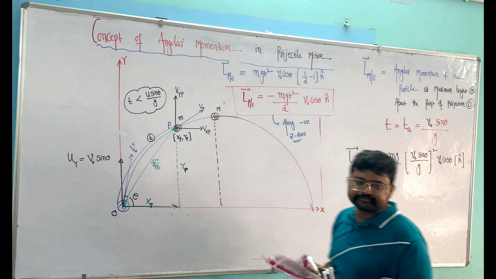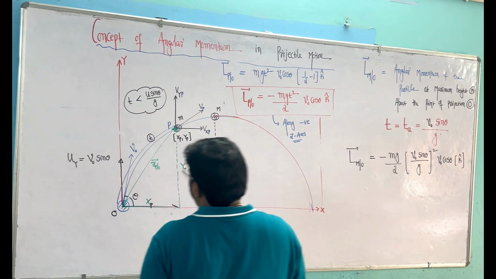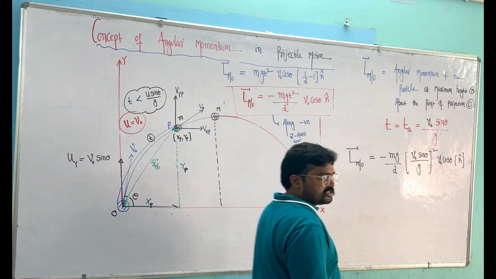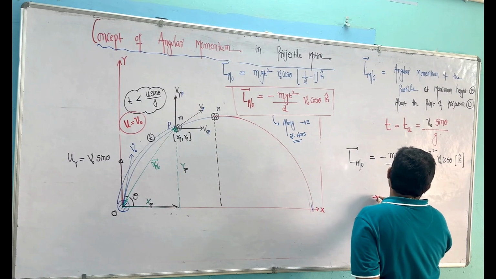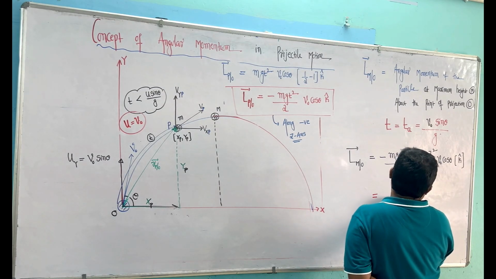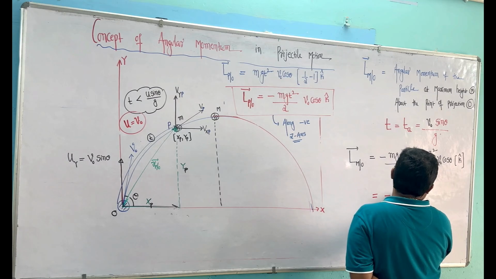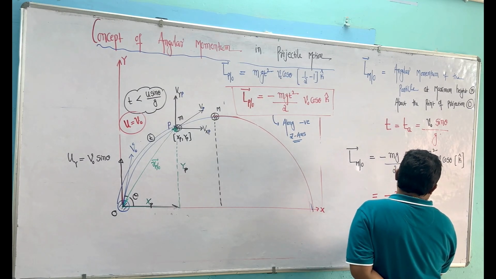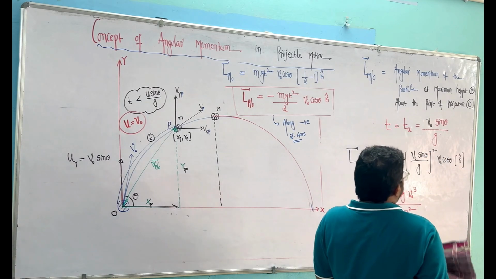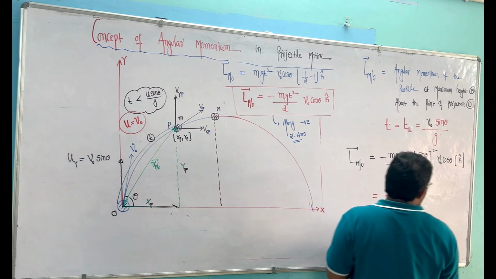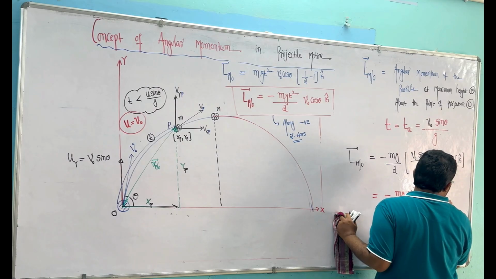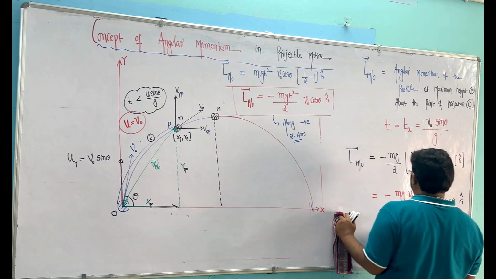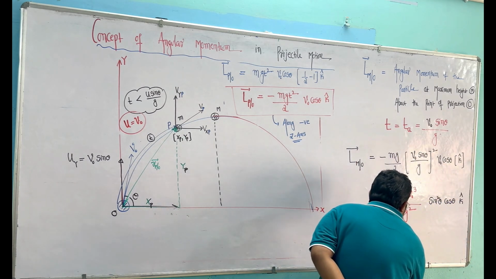Are you getting the same? u equal to V0. Then how much is obtained? Minus m g into V0 cube by 2 g square, times sin square theta into cos theta k cap. g gets cancelled out.